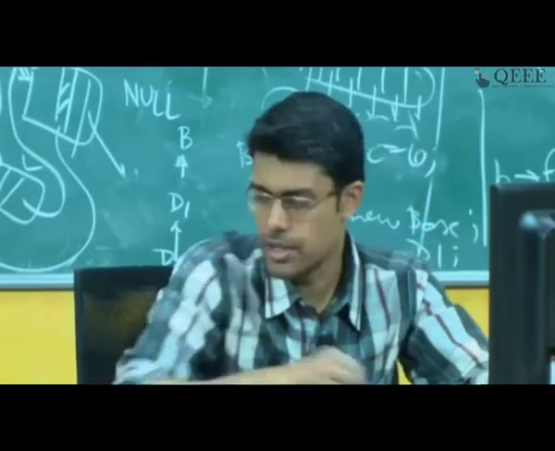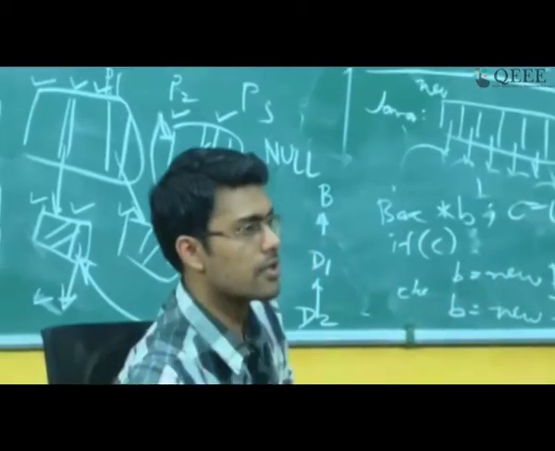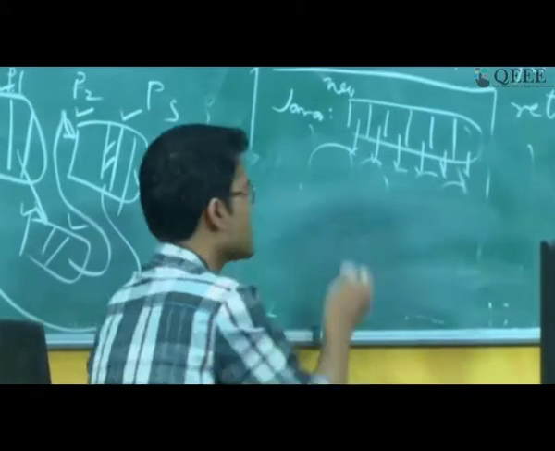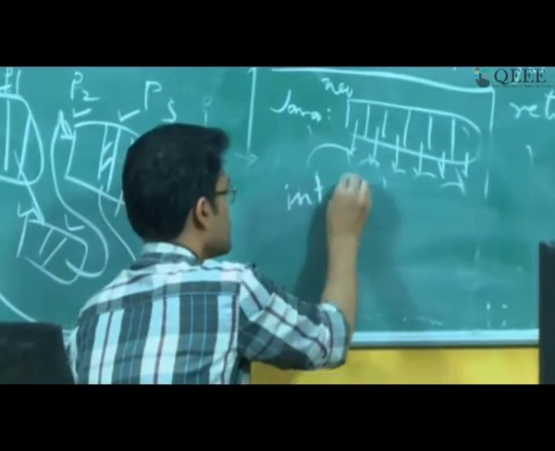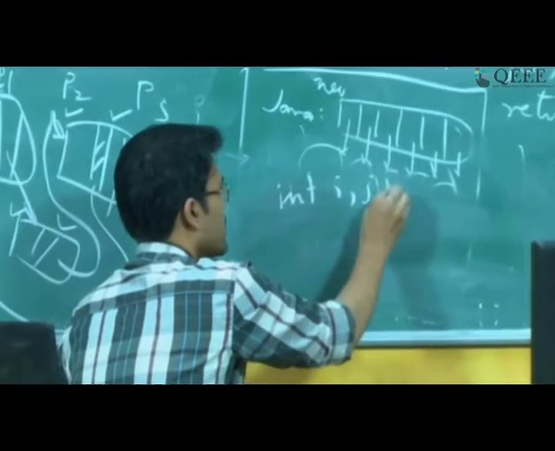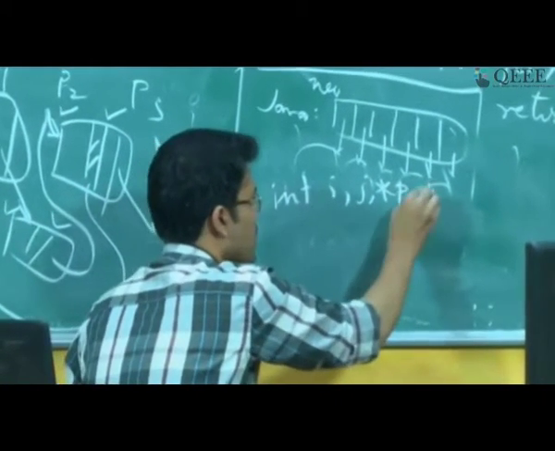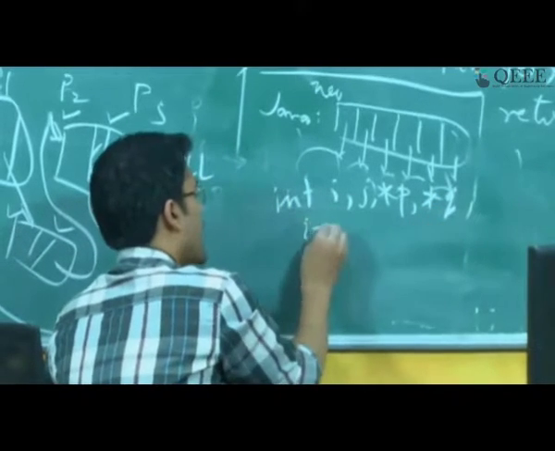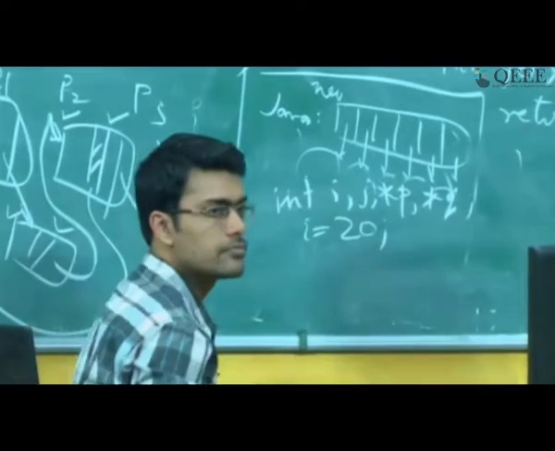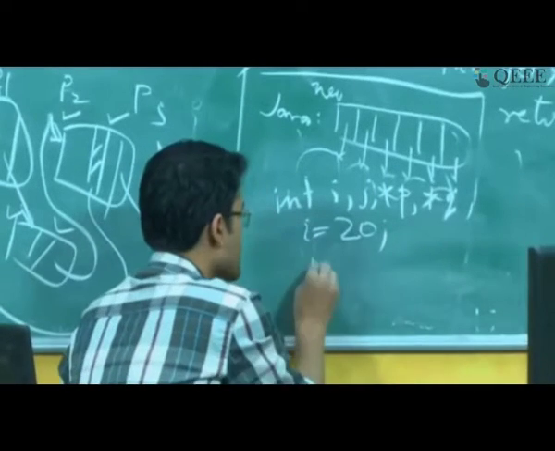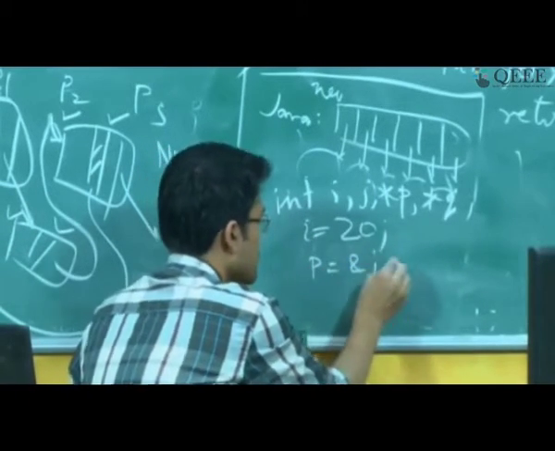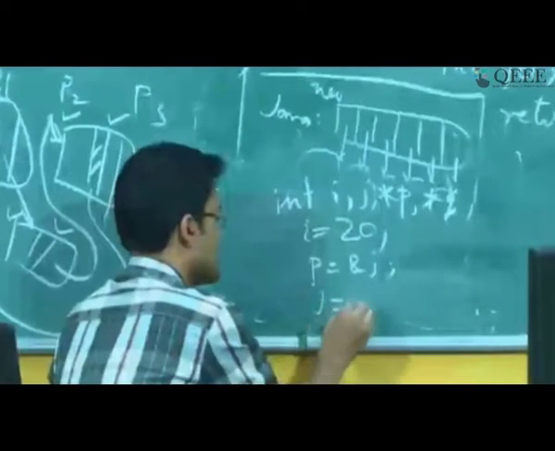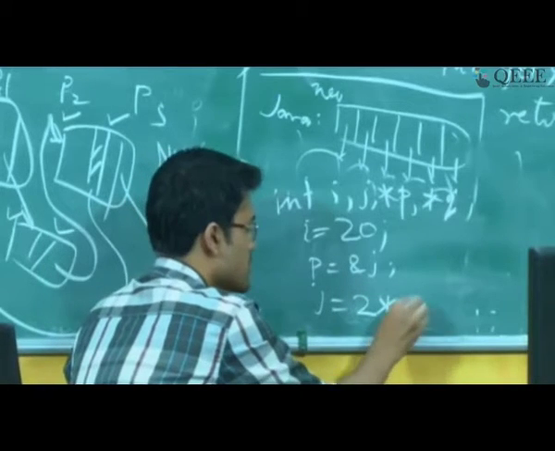So let me write down the question here in case you are not able to see that. So we are saying int i, j, and then star p, star q, and then i equal to 20, p equal to ampersand of j, and then j equal to 2 into star p.